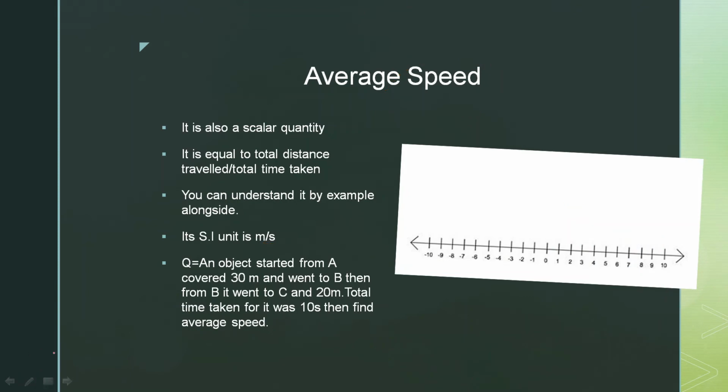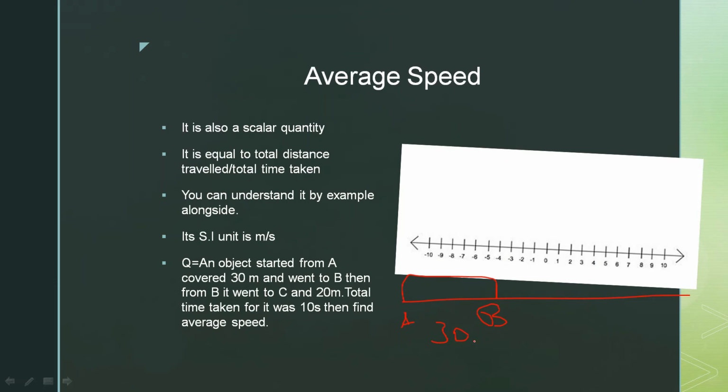So now I'm going to solve this numerical. An object started from A, covered 30 meter, and went to B. Okay, let us see this. The object first covered A to B, 30 meters.